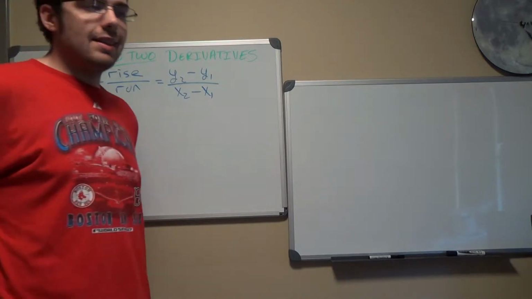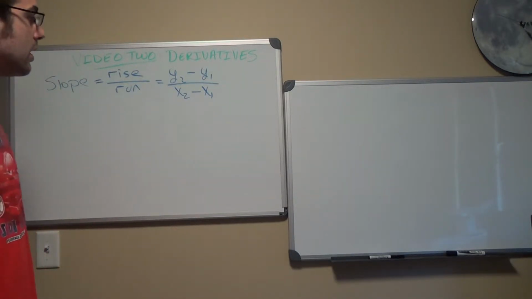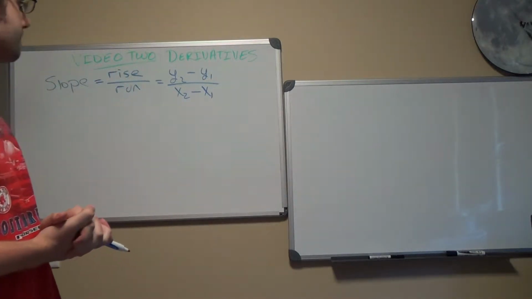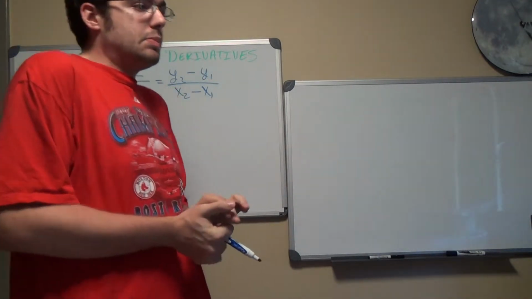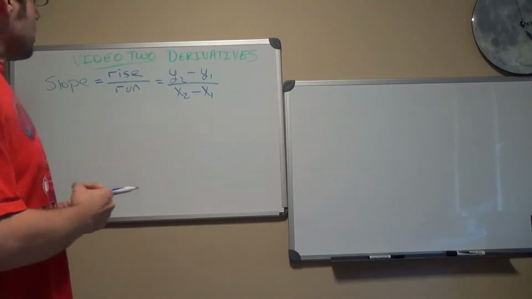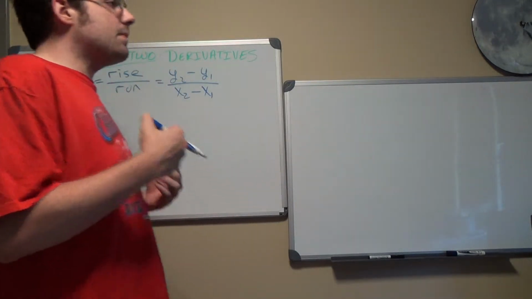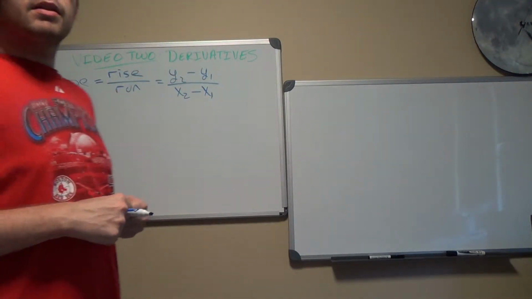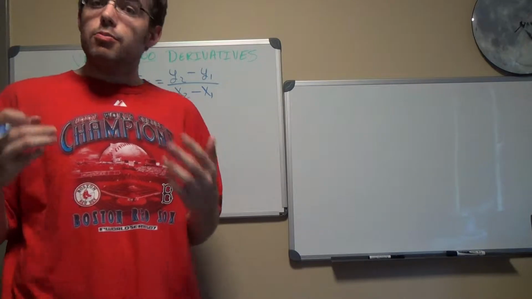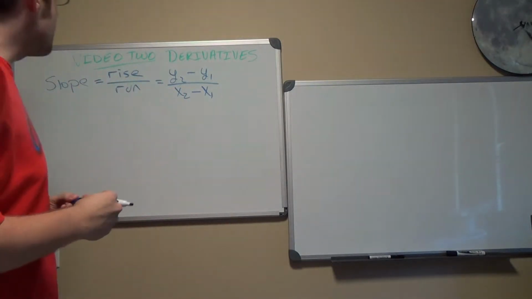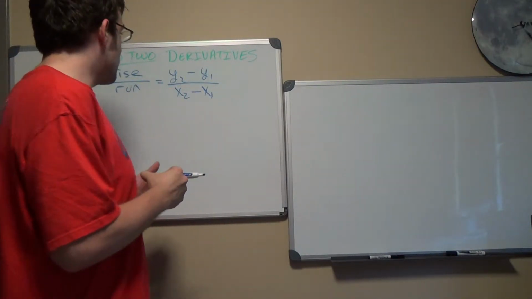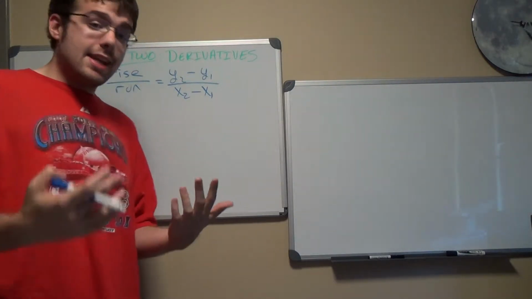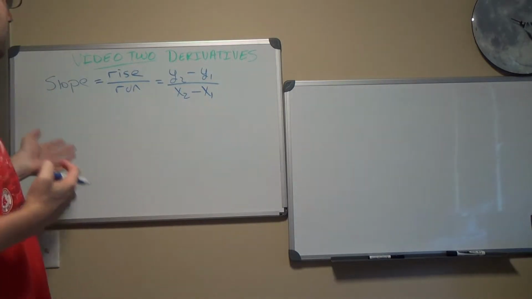Now, in the late 17th century, a problem was basically trying to be solved. Isaac Newton and Gottfried Leibniz both solved this problem at approximately the same time: you're able to determine the instantaneous rate of change of something.